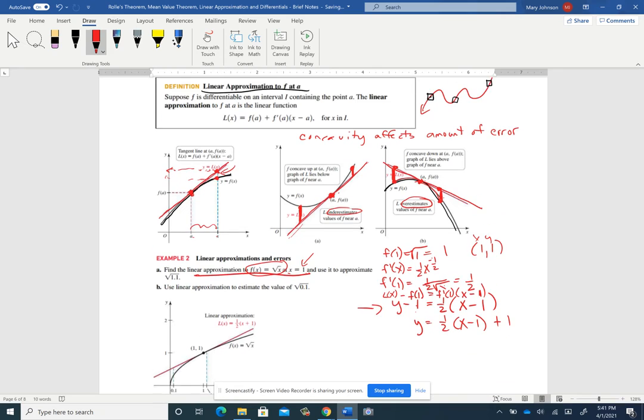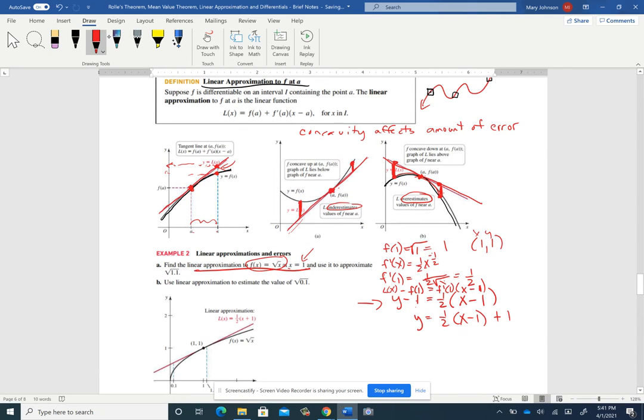Okay, let me do it in general. So the point slope formula rearranged. You'd really have y minus f of a equals the slope times x minus a. Okay. And then when you add that f of a over, you'd get f of a plus f prime of a times x minus a.